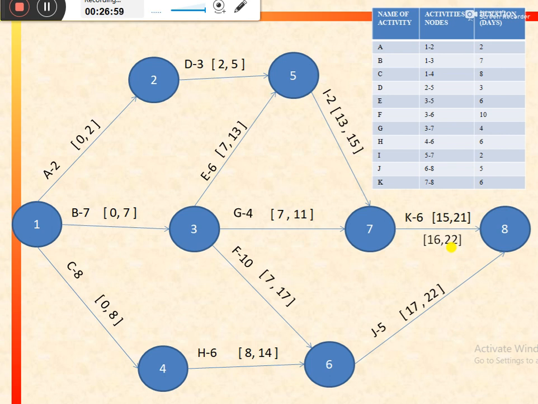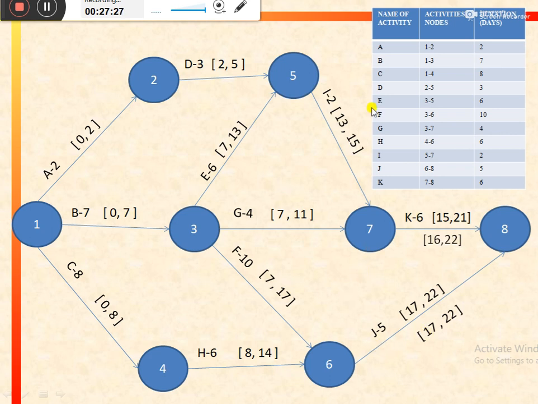So in this way we have calculated the latest start and latest finish for activity K. In a similar manner, the latest finish for activity J would be equal to 22 days, and latest start would be equal to 22 minus 5, that is the duration of the activity, that would be equal to 17. So in this way we have calculated 17 and 22 as latest start and latest finish for activity J.